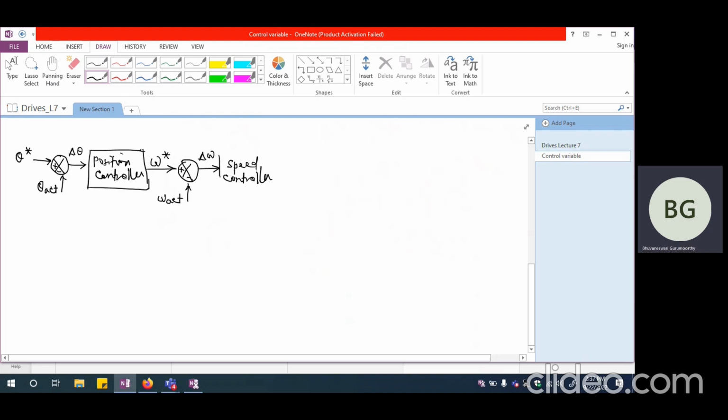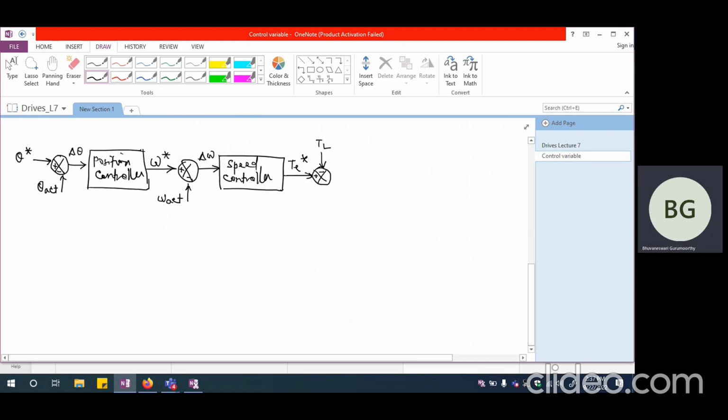Now the speed controller will give me an output as to what kind of torque I need to develop. So the electromagnetic torque that I need to develop, how much I need to develop over and above the load torque. So I will have a particular value of load torque that needs to be catered to by the electromagnetic torque itself. So this is the load torque, which is a negative value.